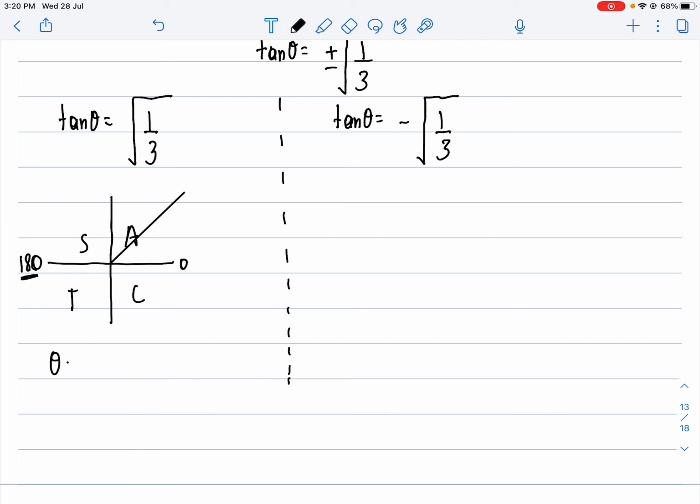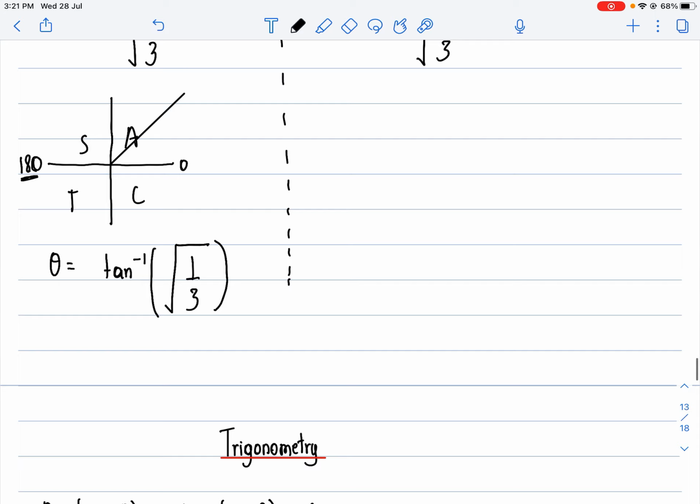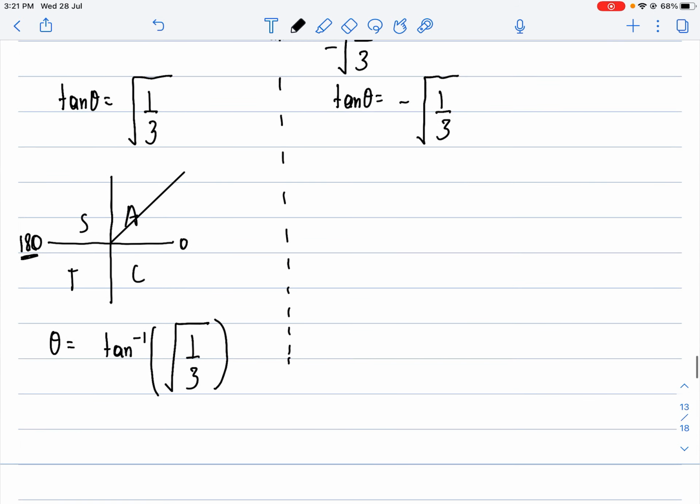So for that, I do theta equal to the tan inverse of root of 1 over 3. When I do that in the degree mode, I get my theta as 30 degrees. So this is one value for theta.